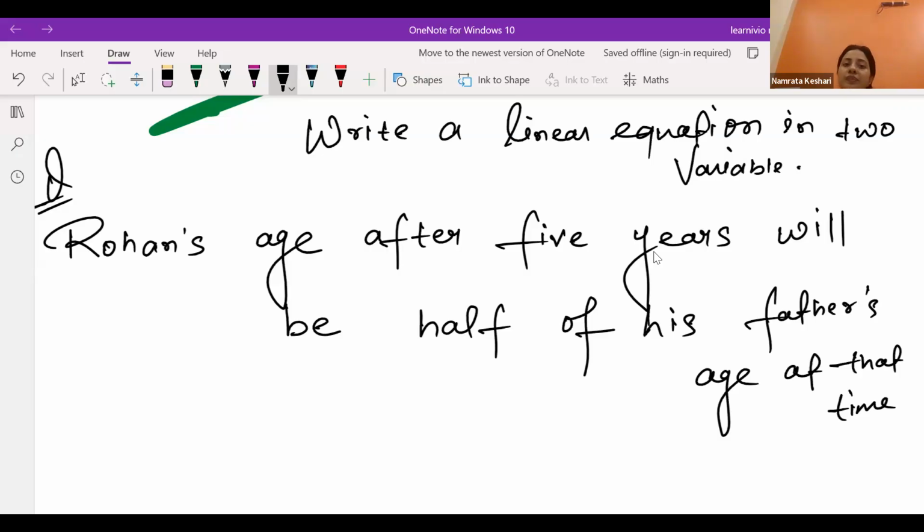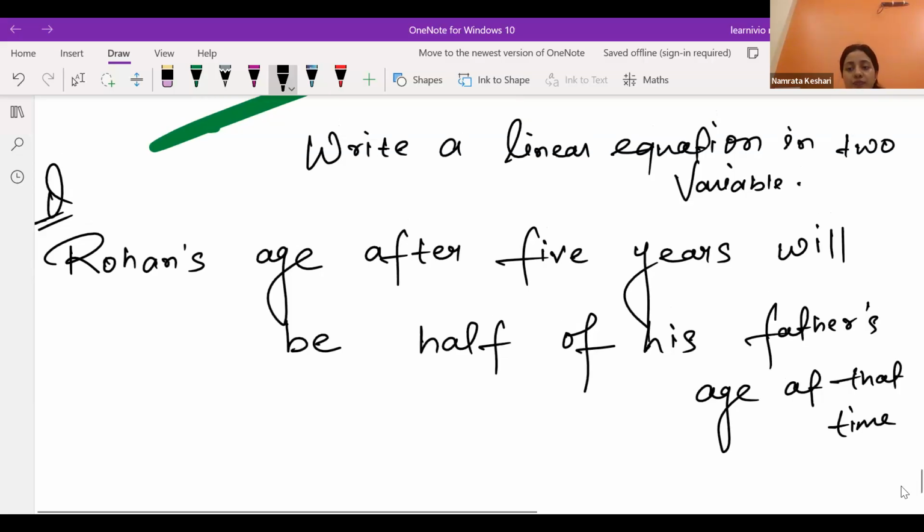Okay. So here the statement says that Rohan's age after 5 years will be half of his father's age at that time. We have to create a linear equation in two variables by using the given condition.